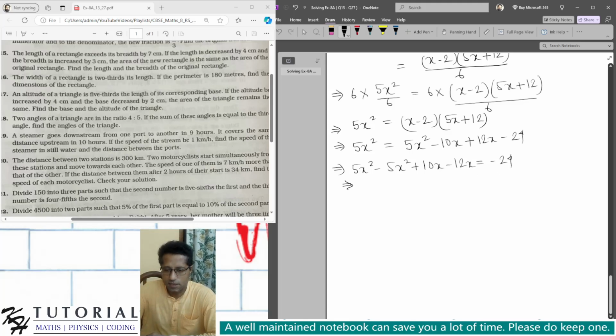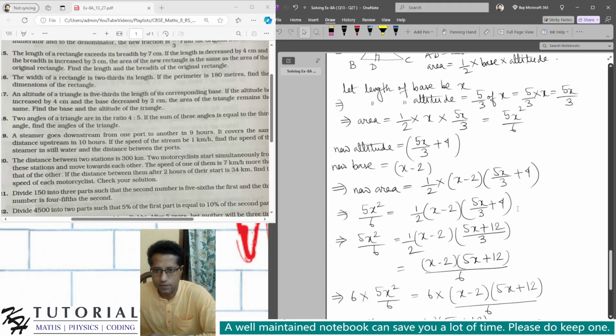On simplifying the LHS, 5x square cancels out, and we get minus 2x is equal to minus 24. This implies x is equal to minus 24 divided by minus 2, which is 12.